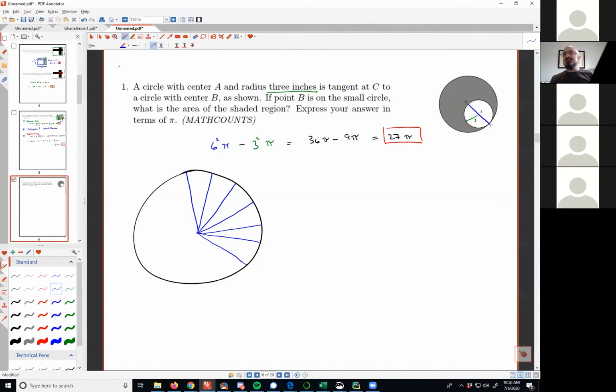We could divide this circle up into any number of little shards. Do you know what we call those? Each one of those is called a sector. You've probably heard that word before.